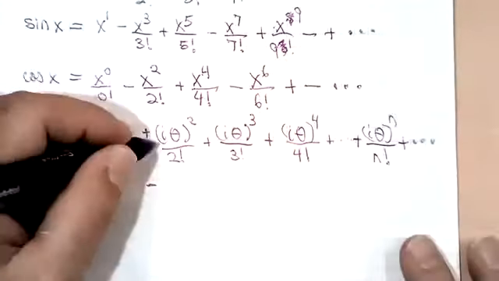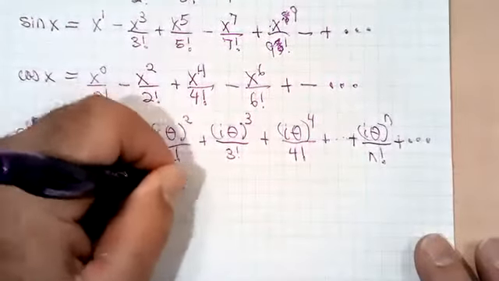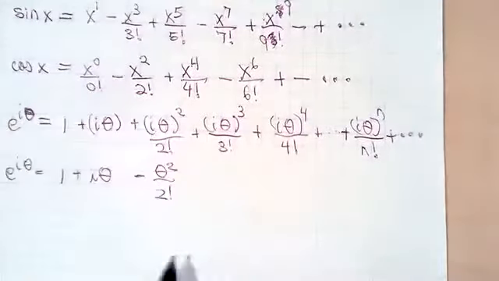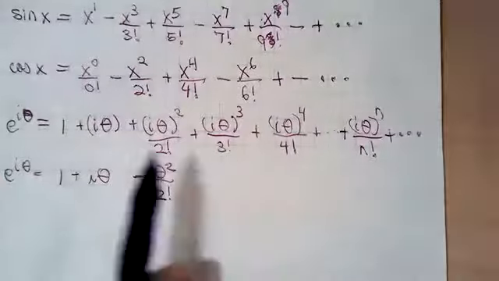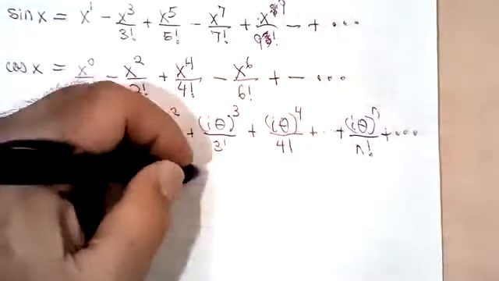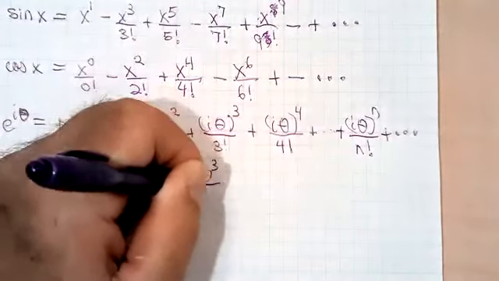All right. So i squared is -1. Theta squared over 2 factorial. Now i cubed. Well, we computed that, right? i cubed is the same as -i. Why? Because i squared is -1. So minus i theta cubed over 3 factorial.